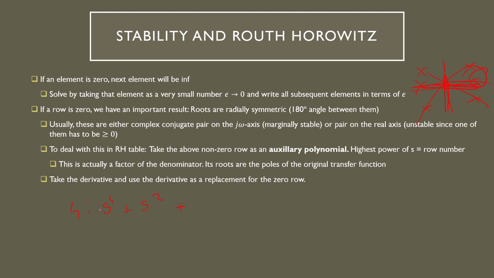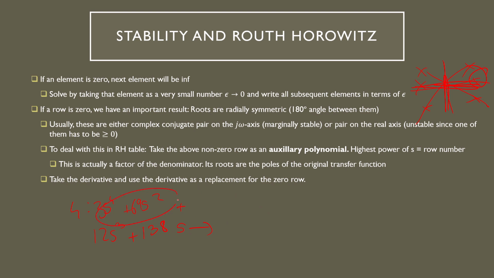I'm going to put in the coefficients like 3, 69, whatever, and I will take its derivative. This is going to become 12s cubed, and then 69 times 2 evaluates to, well, something like 138, I'm not sure. And this will become your new row.